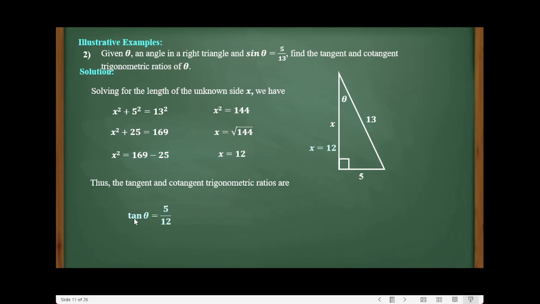Tangent theta is what? 5 over 12. 5 is the opposite of theta over 12, which is the adjacent leg. Okay, and now for the cotangent, we simply reciprocate the value from tangent theta, and that is your cotangent theta, which is defined as the ratio of the adjacent leg over the opposite leg. Okay?